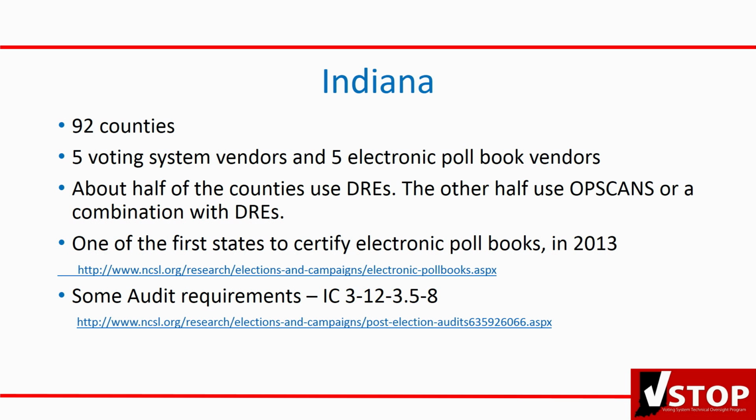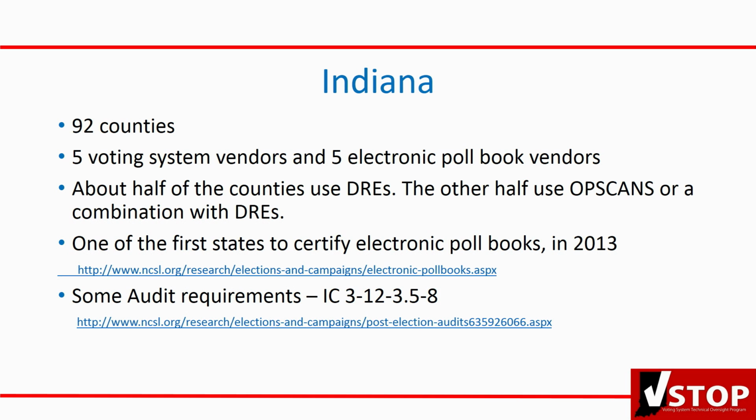And in this morning's introduction, we saw how things have changed since 2016 and where we were and where we are going. Also, we were one of the first states to certify electronic poll books, starting in 2013. And if you go to the NCSL site, you'll find a lot about different states using electronic poll books, and Indiana gets a prominent place there, which we are happy to see.